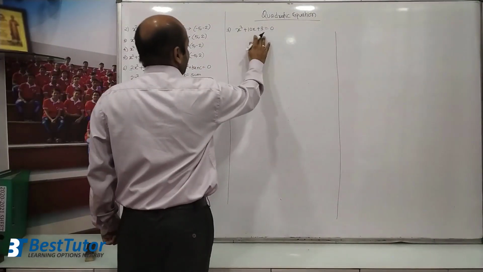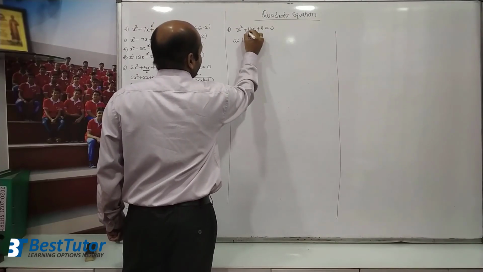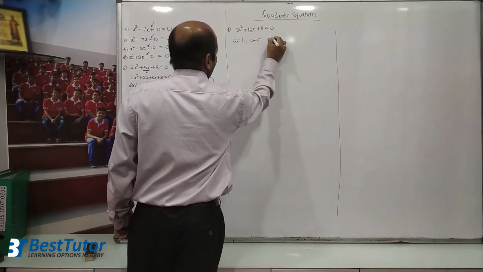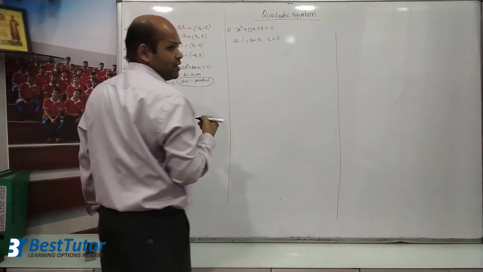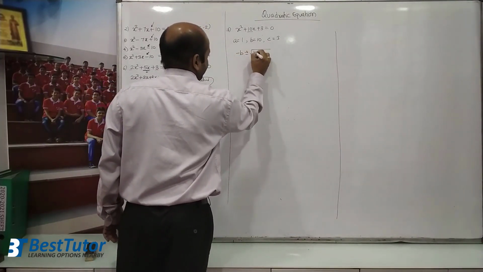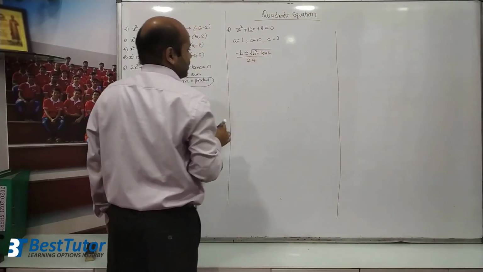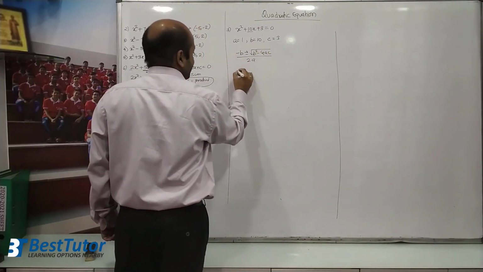We'll use the formula. What is the a value here? 1. What is the b value here? 10. What is the c value here? 3. I'll substitute in the formula minus b plus or minus root of b square minus 4ac upon 2a. So what do we get here?